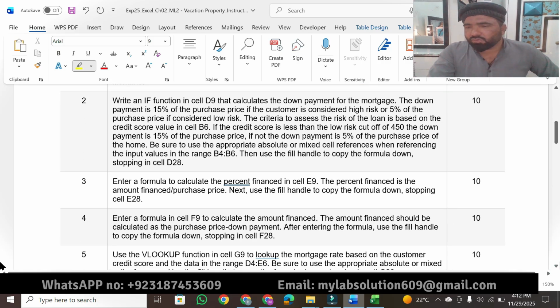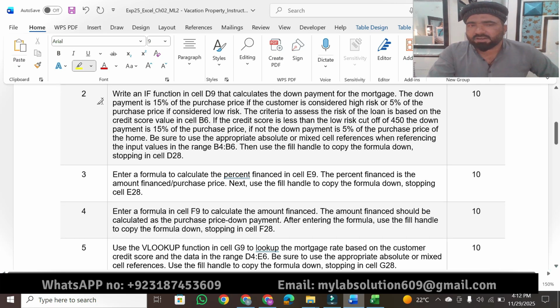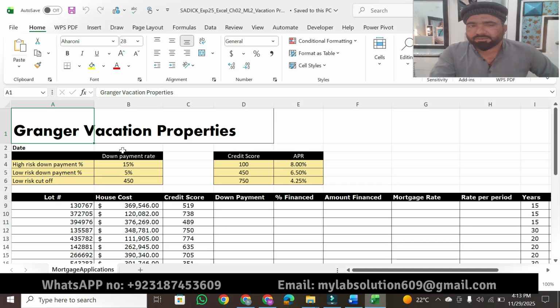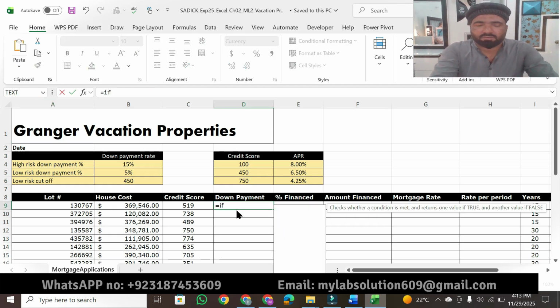In question number 2, what we have to do is read the instruction. First, write an IF function in cell D9 to calculate the down payment for the mortgage. So first we have to move toward cell D9, and there we use the IF function.